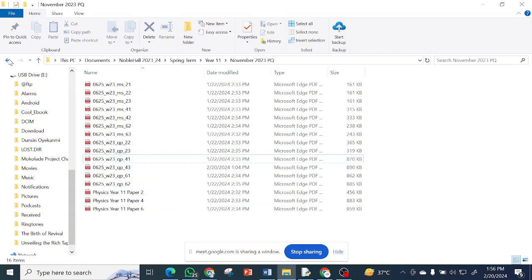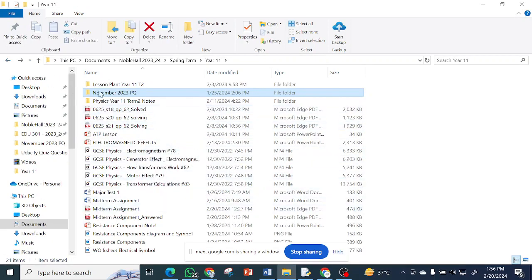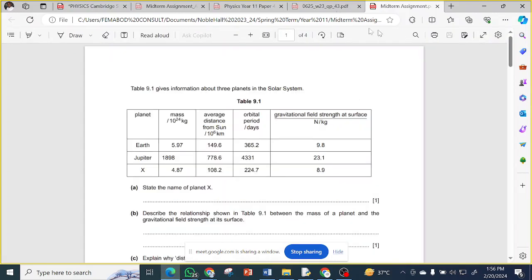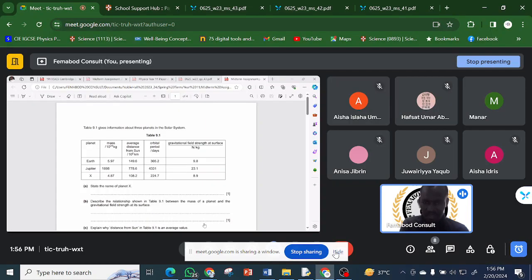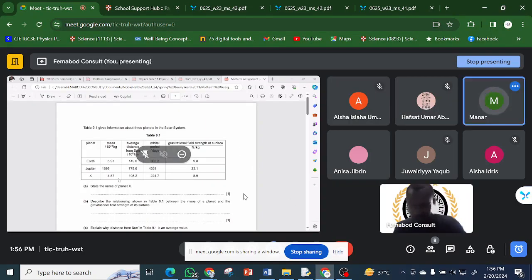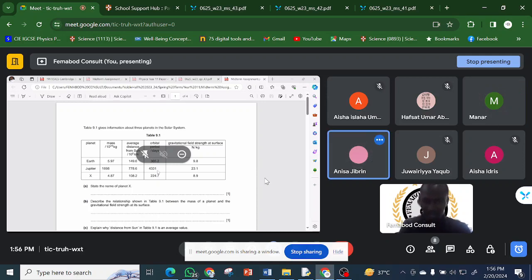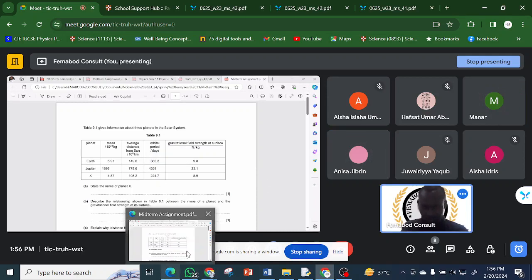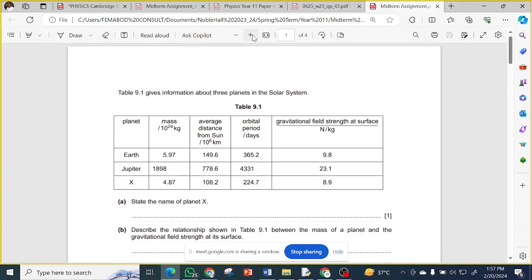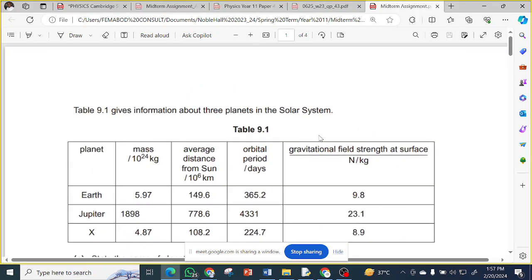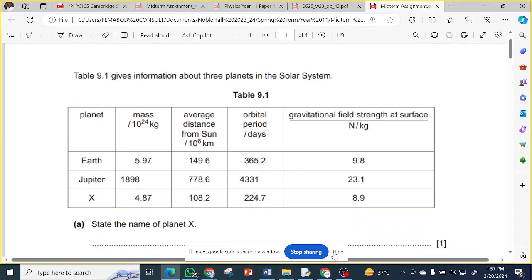Let me open the question for us to see. Is it clear enough or should I expand it? Expand it, please. All right, quickly, let's go through it together.